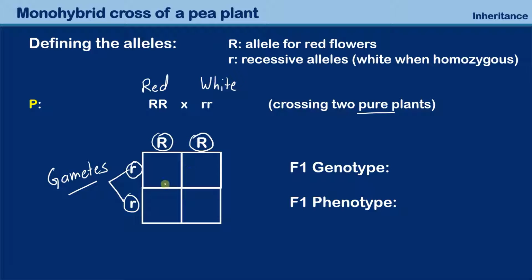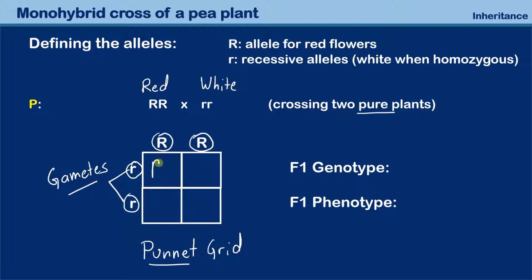So we have to try out all combinations, and by drawing a so-called Punnett grid, or Punnett square. I suppose it's named according to Mr. or Mrs. Punnett.